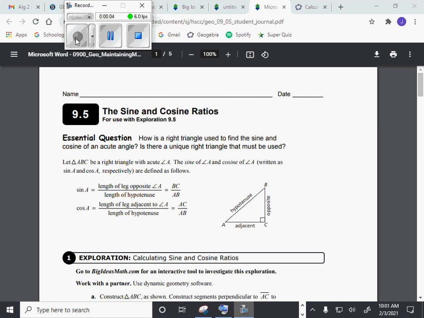Okay, 9.5, we're working on the sine and cosine ratios. Remember, we're working with sine, cosine, and tangent. And we have this little phrase: SOH CAH TOA.